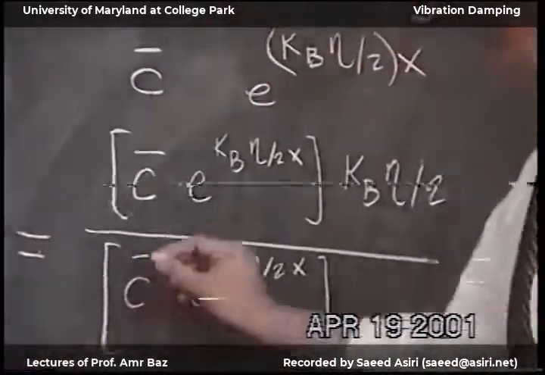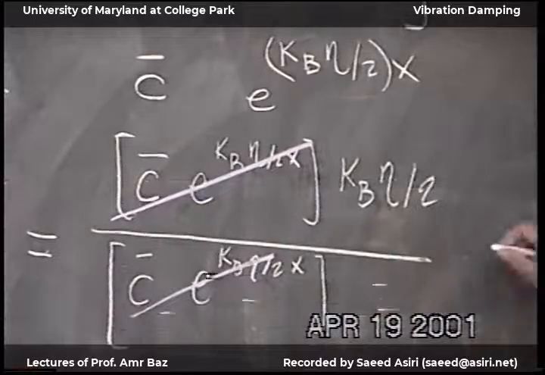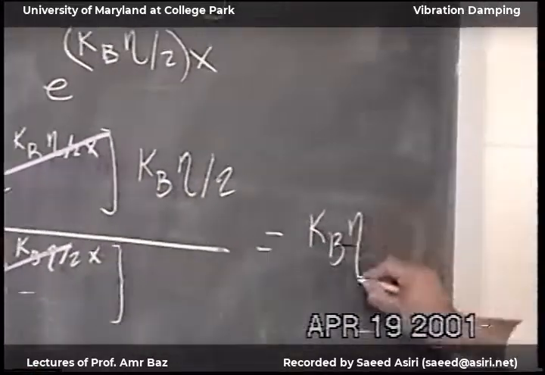So these two brackets will cancel out, and this will equal k_b eta over 2.